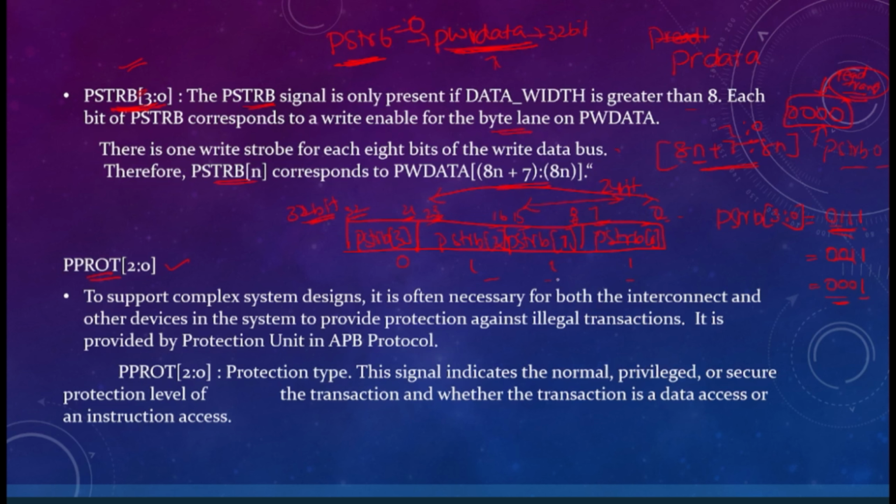In the APB protocol, we provide this protection by using the PPROT signal, which is 3 bits wide. Based on the width, we indicate the signal as either a normal, privileged, or secure protection level of the transaction. We'll talk about PPROT further in the next sessions while we are talking about the state diagrams and all.